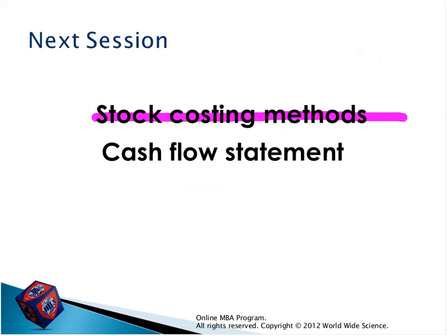As well, we are going to study the cash flow statement, because we have already done the balance sheet and the income statement, the 2 main statements used in business and the financial statements. And the last one, the cash flow statement: how to record the cash inflow and outflow in the business. It's very important for you to recognize and record it.